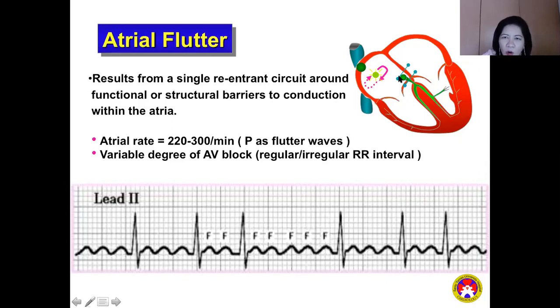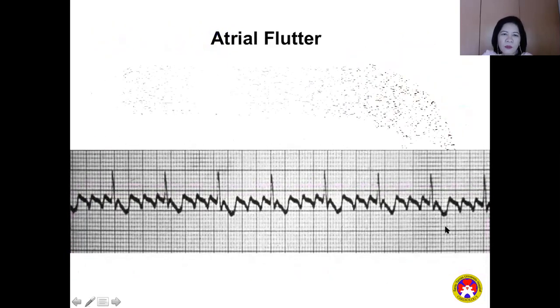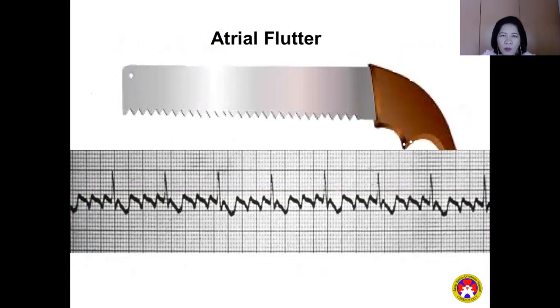Depending on the block in the AV node, if you have a fixed AV block, then you will have a regular R to R interval. This is what I was telling you about. In atrial flutter, you see the sawtooth appearance of the P waves. So it's like the tooth of a saw.